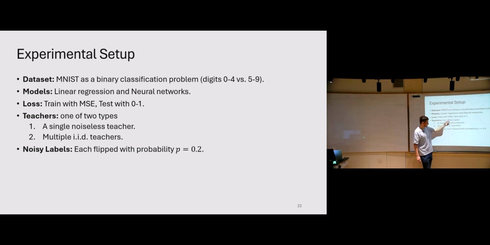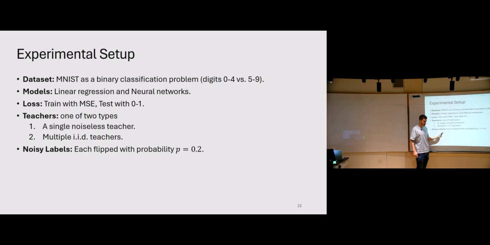In the neural network case, a single noiseless teacher is one that was trained over the entire MNIST data. We consider a two-layer ReLU network. It was fitted until convergence, and in the multiple i.i.d. teacher case, you would take each one of the parameters and employ some Gaussian perturbation.